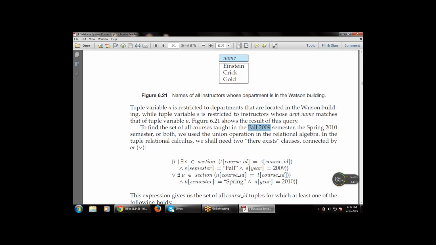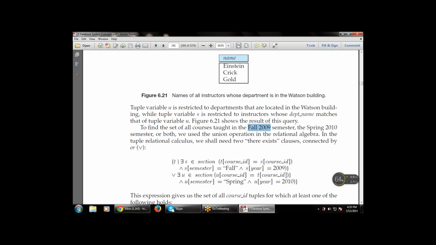So the course ID from T equals the course ID from S, and the condition is that S semester equals fall, and year equals 2009. Or there exists U that belongs to the section, where the course ID of U equals the course ID of T, and the semester equals spring, and the year equals 2010.